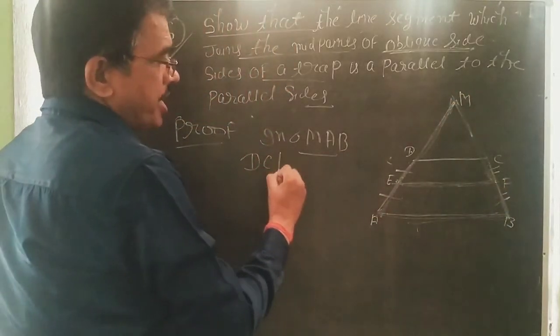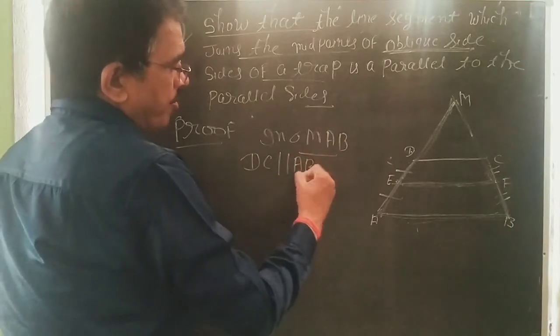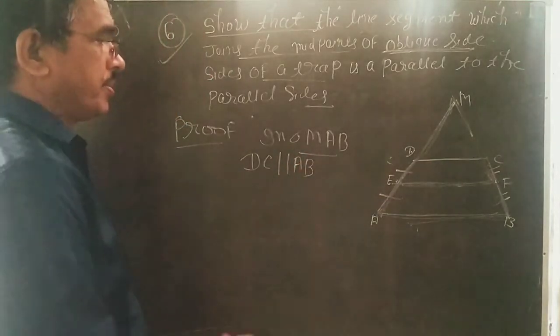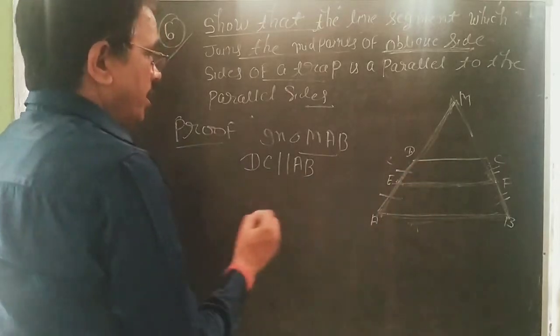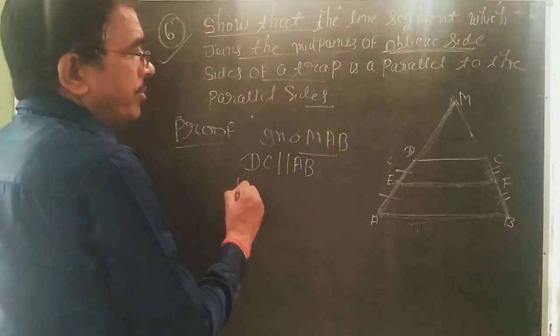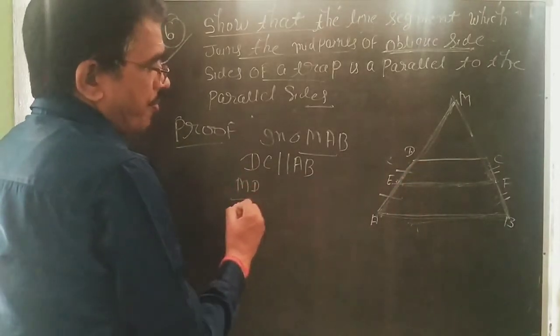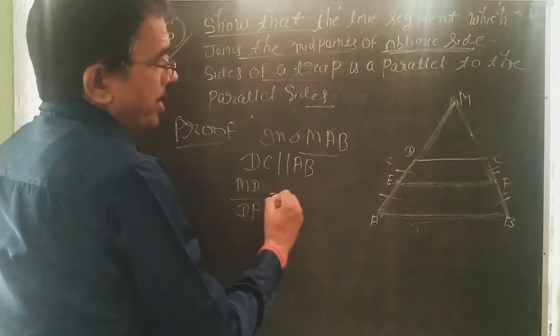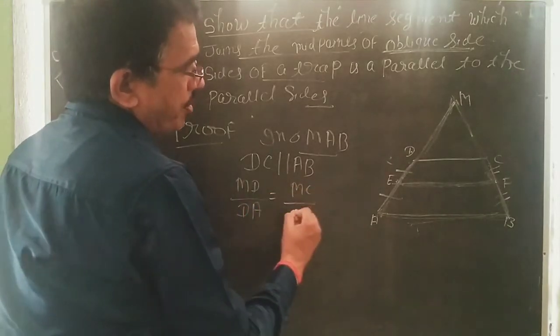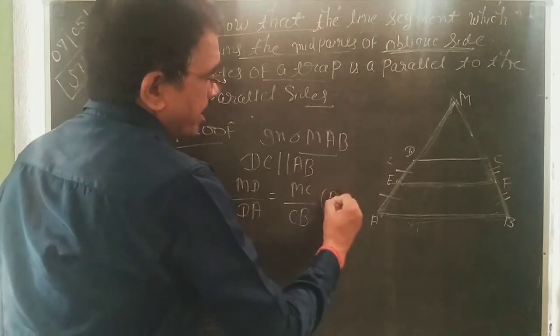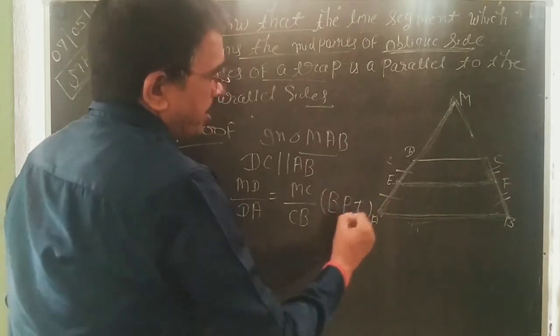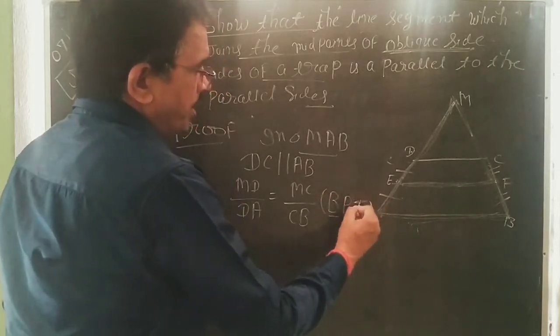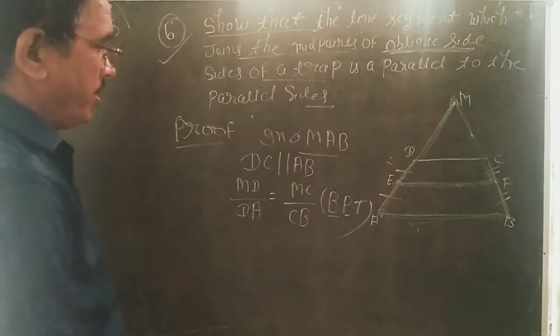Parallel lines are given, DC parallel to AB because ABCD is a trapezium. So if it is parallel, then by Thales' theorem, MD by DA is equal to MC by CB. You write reason BPT, means basic proportional theorem. Other name of this theorem is Thales' theorem.